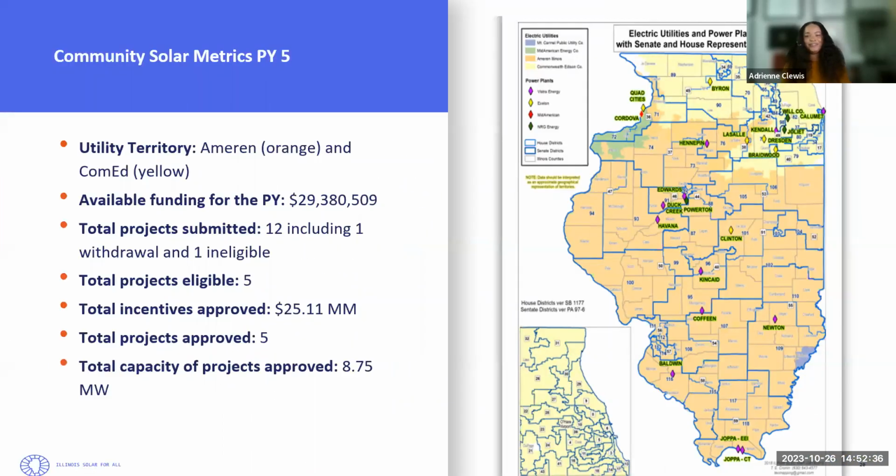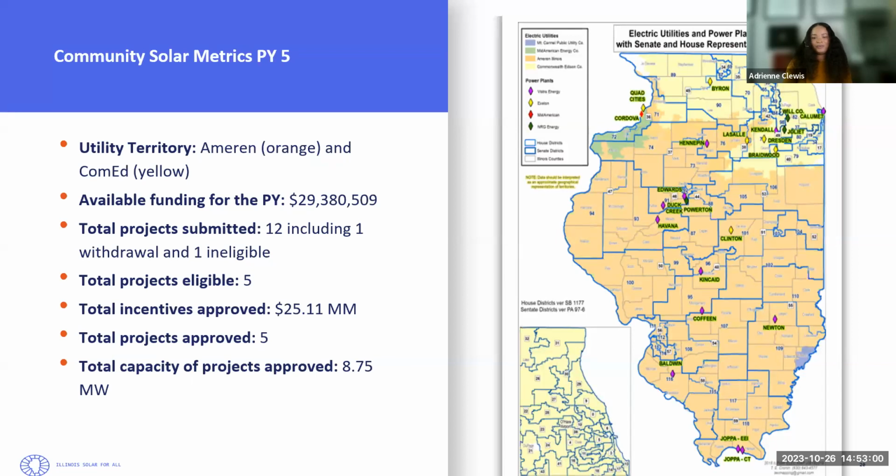Okay, so to dive a little bit into our metrics for community solar, our community solar programs are located within the utility territories of Ameren and ComEd. So here you can see ILSA funding for PY5 and our project submissions. We have a total of 12 projects submitted, which also includes 1 withdrawal and 1 ineligible project.